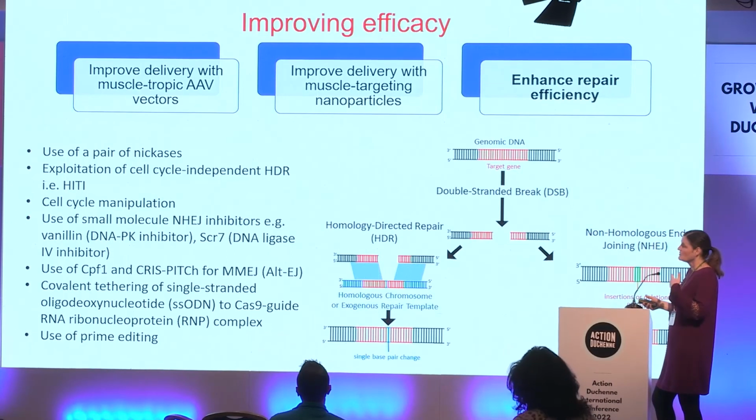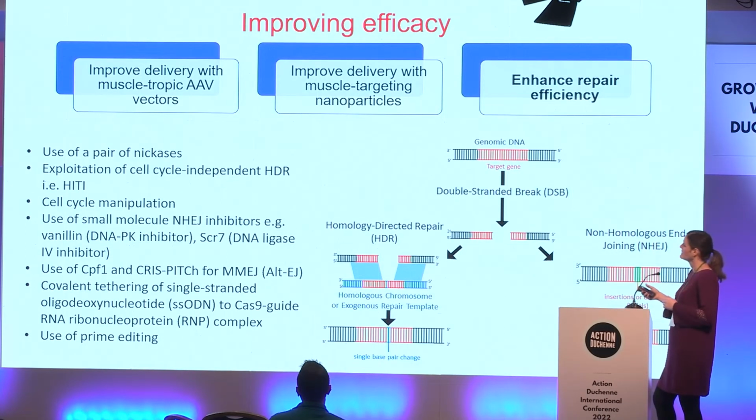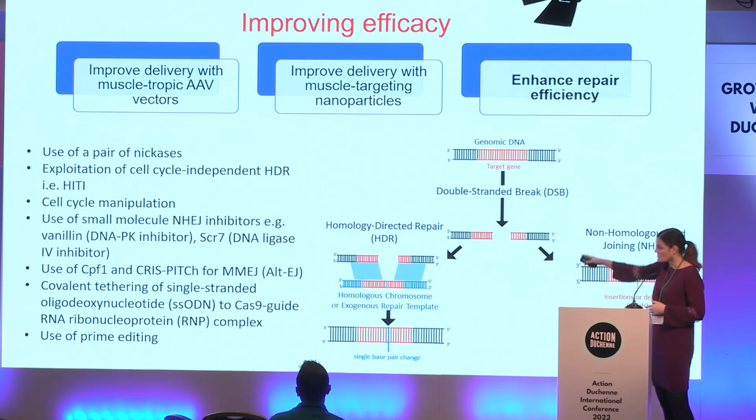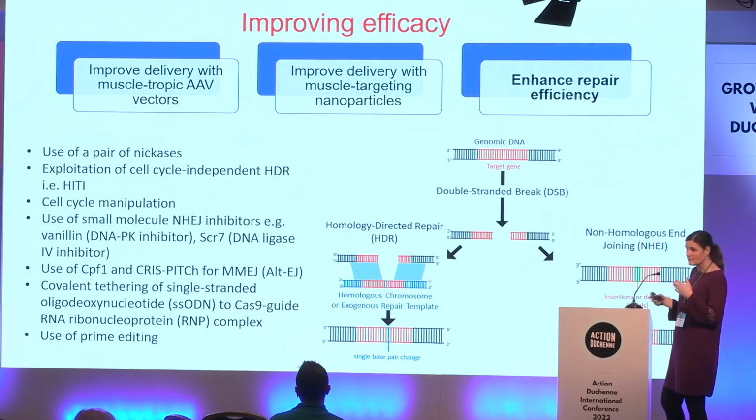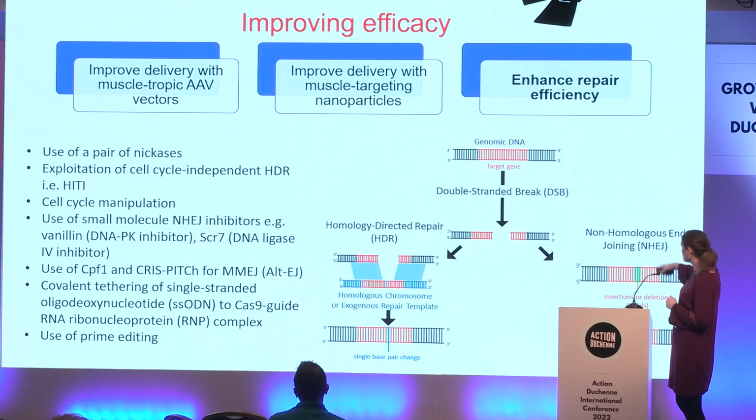So when we're trying to knock in something, as Annemieke said, the muscle cells aren't dividing, so trying to get what's called HDR integration is not going to happen in muscle. So we need to try and exploit the glue, as Annemieke described it, the glue sticking the ends together. So we can use various strategies shown there on the left.